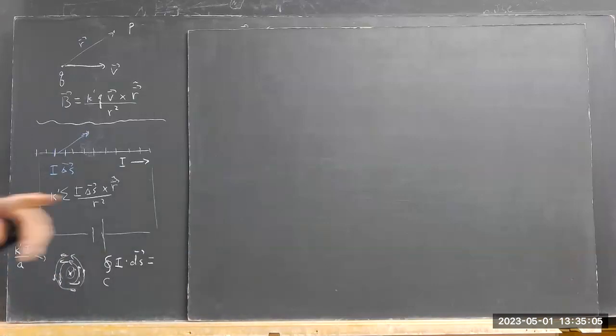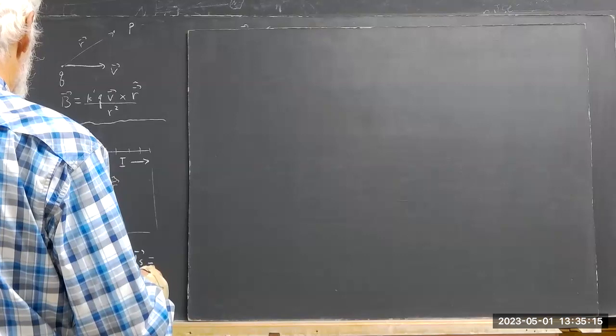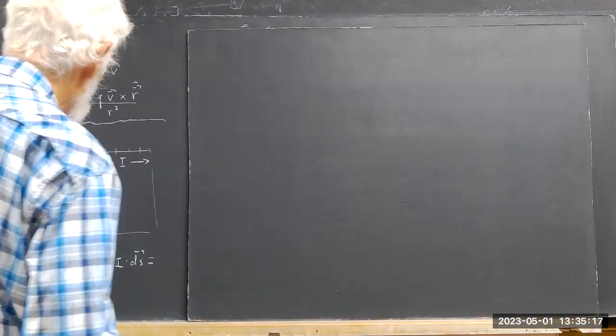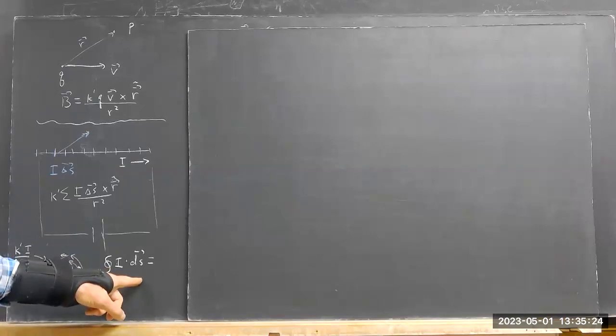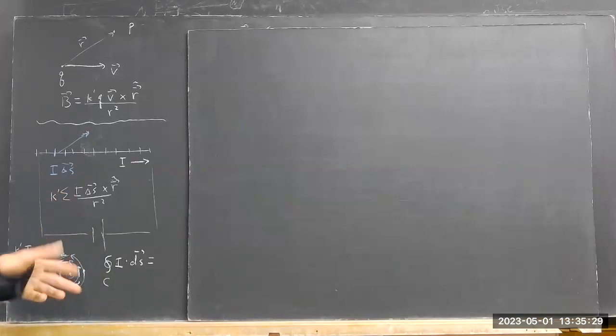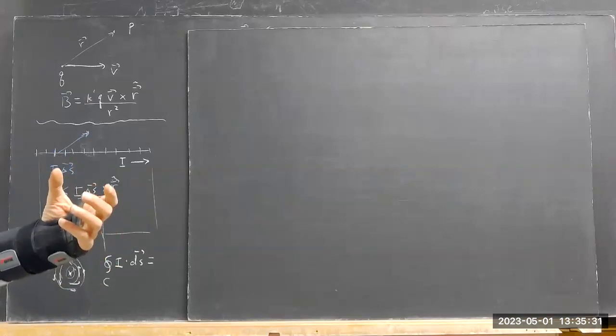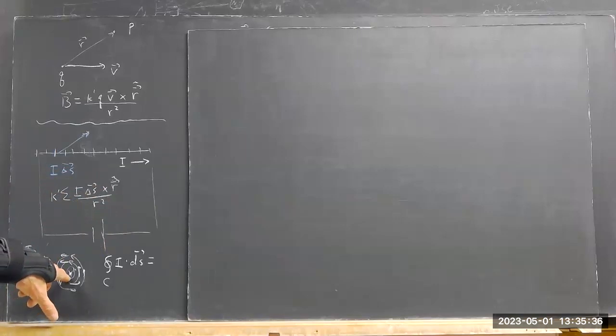If you multiply that by the circumference, you're going to go by ds, because your field is always tangent to that loop as long as it's centered at the axis of the current.